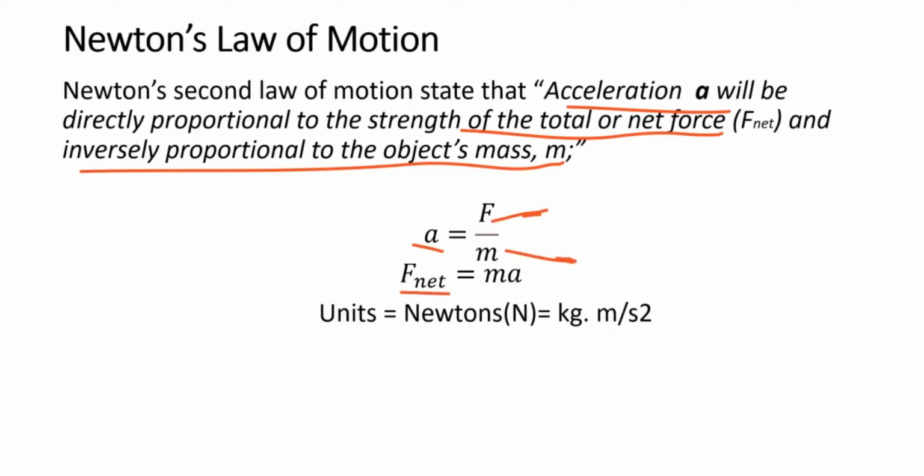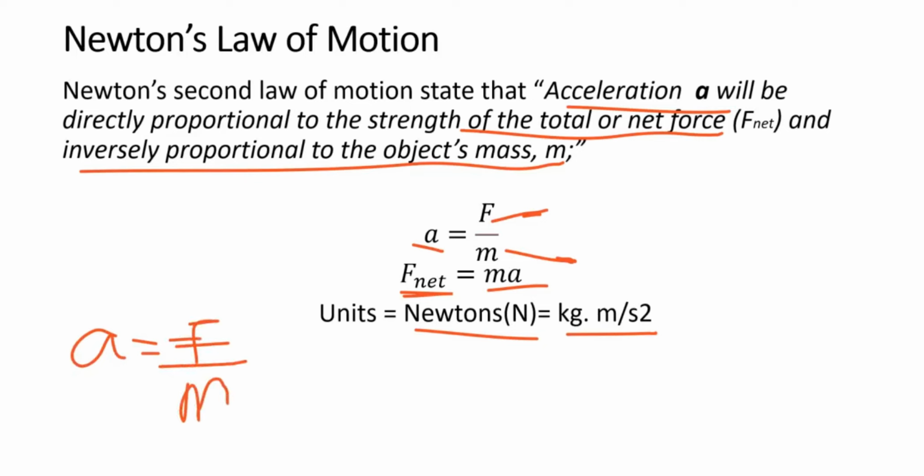So net force here will be mass times acceleration. And the unit of this force is called Newton. It's written as kilogram meters per second squared. So acceleration will be equal to force over mass, where F is the force, m is the mass, and a is the acceleration.